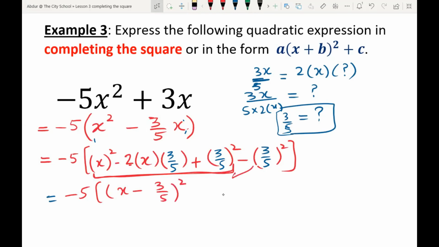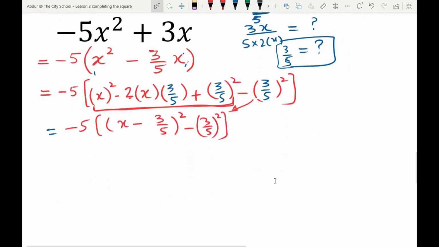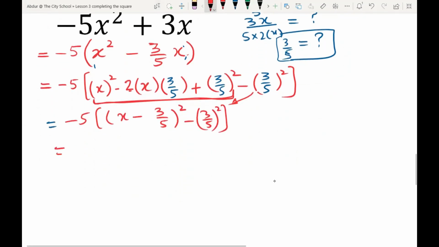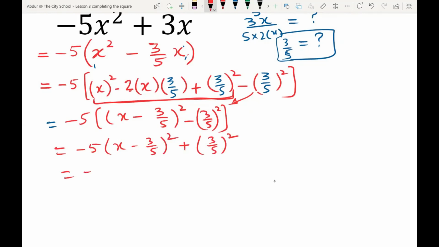Don't forget to write minus 3 over 5 whole square. By expanding the brackets, we get minus 5 times of x minus 3 over 5 whole square minus minus plus 3 over 5 whole square. Now minus 5 times x minus 3 over 5 whole square plus 9 over 25 is the final answer.